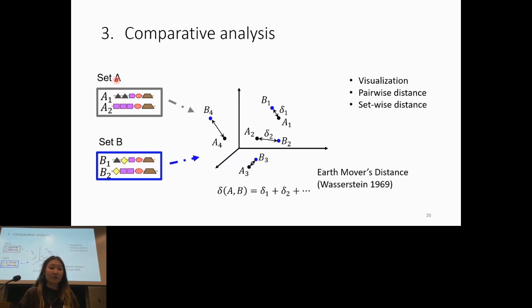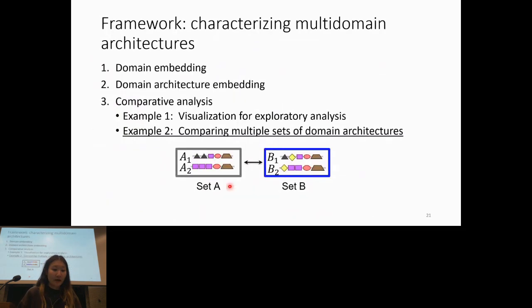You can ask whether my set A of domain architectures is close as a whole to the set B of domain architectures. And with this, you could compare sets of domain architectures. For example, you could compare the multi-domain repertoire in two taxonomic lineages, for example, animals and plants. And I am going to show you another example where I compare multiple sets of domain architectures.